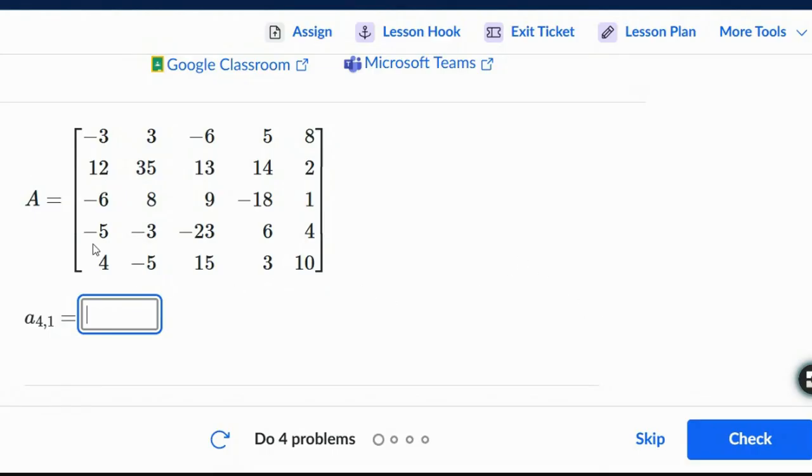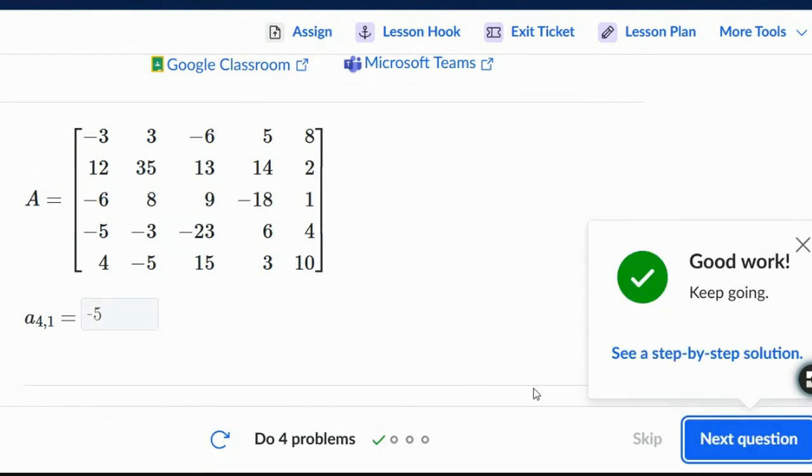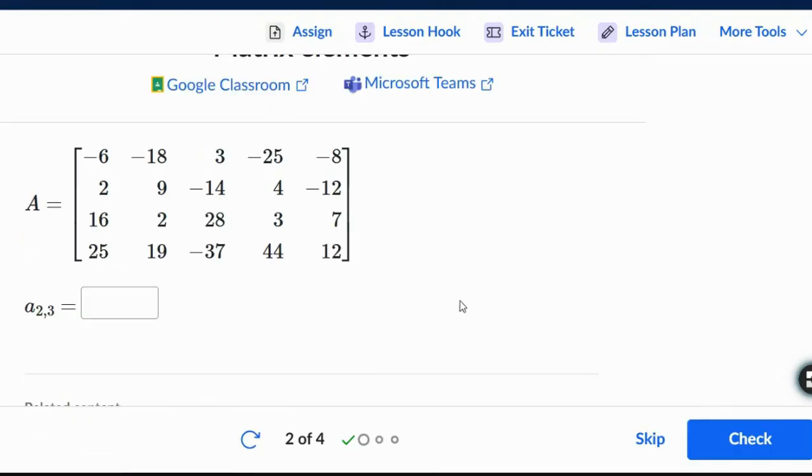So that would be this row here. And we want the very first element, the first column. So the first element, the first column in row 4 is -5. Don't forget the negative. Good work. Keep going. Next question. 2, 3.